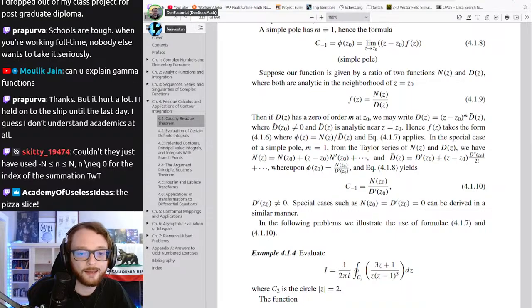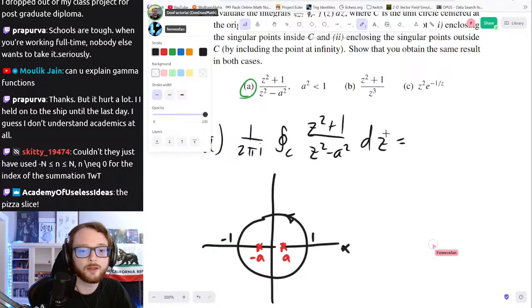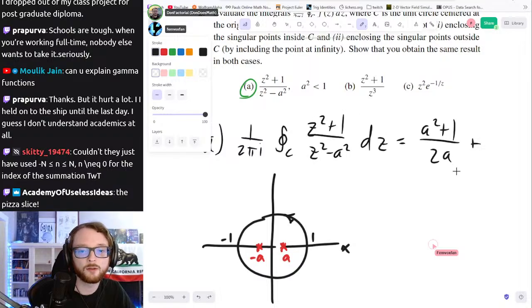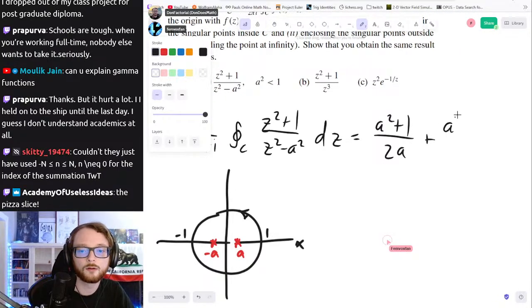And we're going to add the residues. So we're going to evaluate the top at a divided by the derivative of the bottom evaluated at a, plus the top evaluated at minus a divided by the derivative of the bottom at minus a. 0.